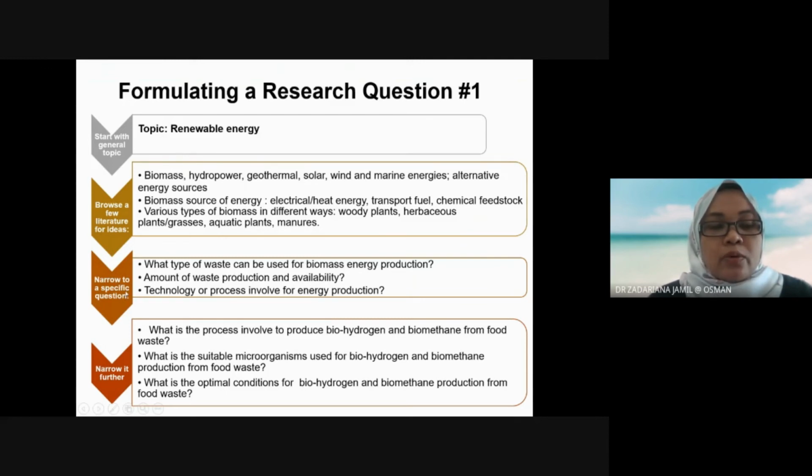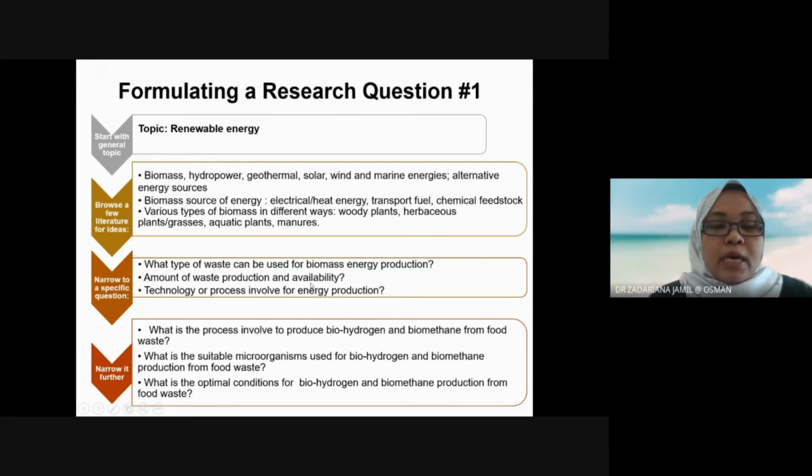So you narrow down to specific questions on biomass. What types of waste can be used for biomass energy production? What is the amount of waste production and availability? And what is the technology or process involved for energy production?